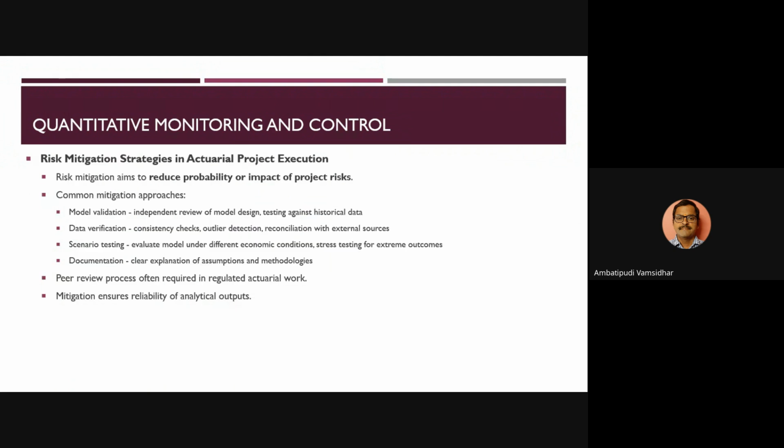Then, once you have identified the risk properly, you should also have some kind of risk mitigation, right? So, once you have identified the risk properly, mitigation strategies are also very much required. How do you reduce?